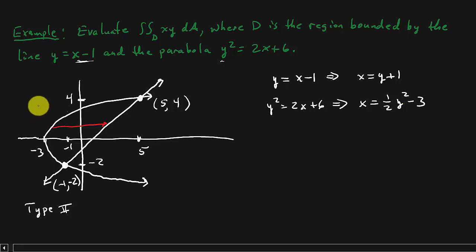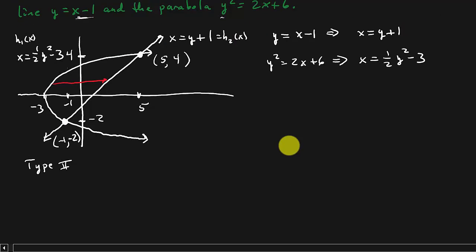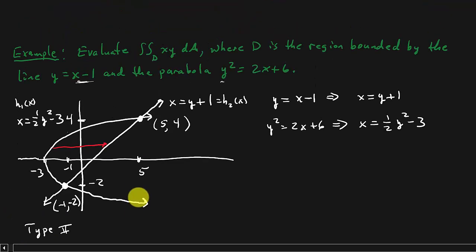All right, so here I have x is equal to 1/2 y squared minus 3. And this one I have x is equal to y plus 1. And keep in mind, this is h1 of x, and this is h2 of x. All right, so let's set this thing up. So I've got D, and that is xy.